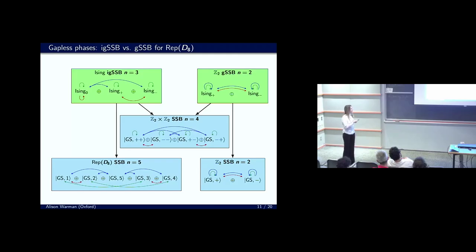Instead, in this other case, Ising 0 remains invariant under the Z2 invertible symmetry, and it becomes this ground state 5, which is invariant under it. While Ising plus and Ising minus are invariant under this green Z2 symmetry, which gets broken. So each copy of these two Isings gets split into two ground states exchanged by this green symmetry. So we see that in this phase, the symmetry is fully spontaneously broken.